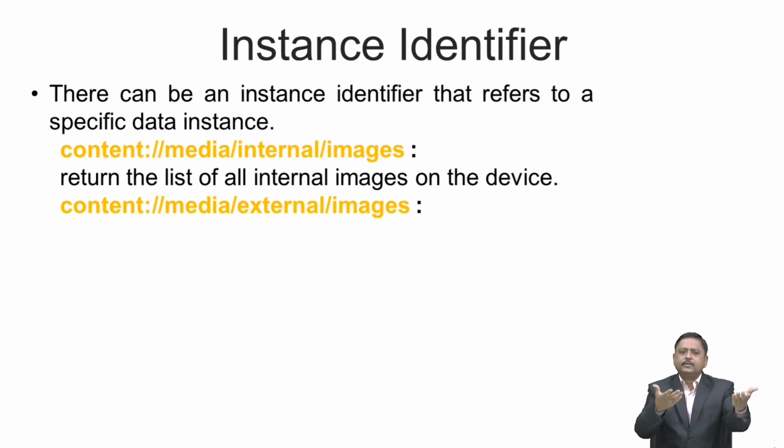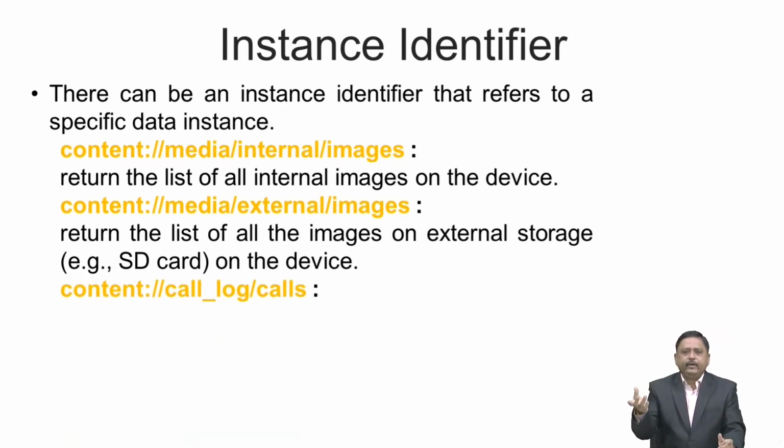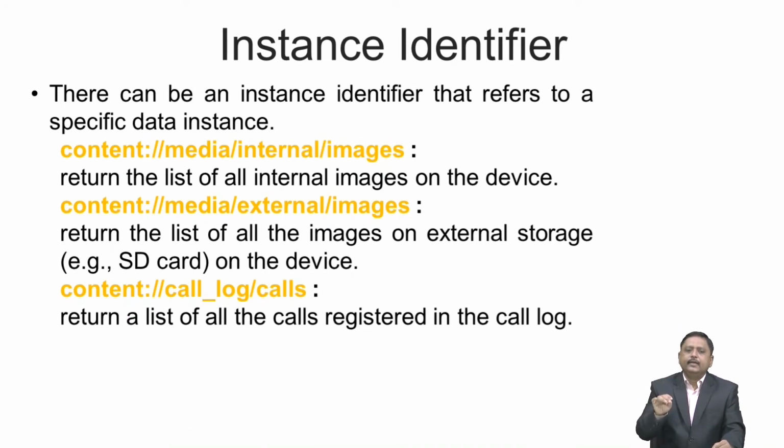Similarly, what does this content URI or instance identifier mean? It means return the list of all the images on external storage or SD card on the device. Now, what does this one mean? You can easily explain. It returns a list of all the calls registered in the call log.